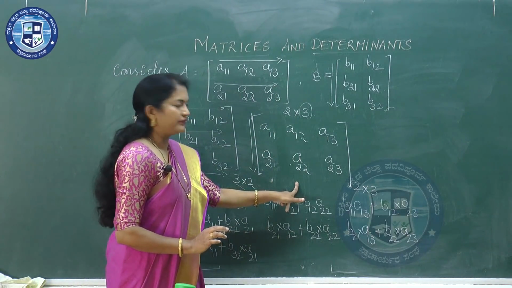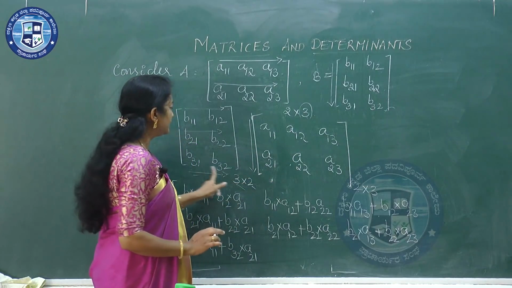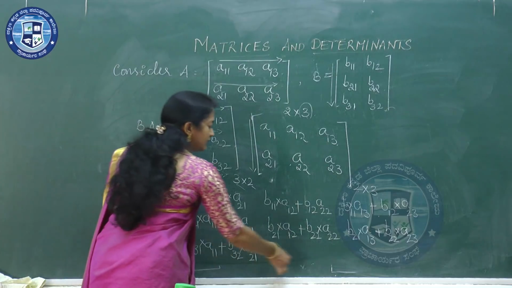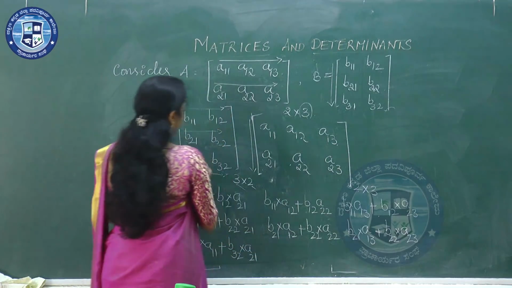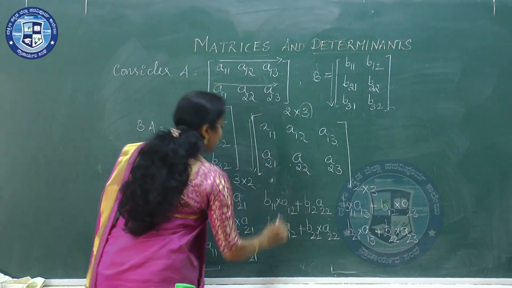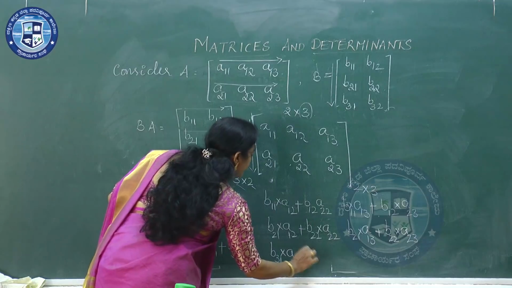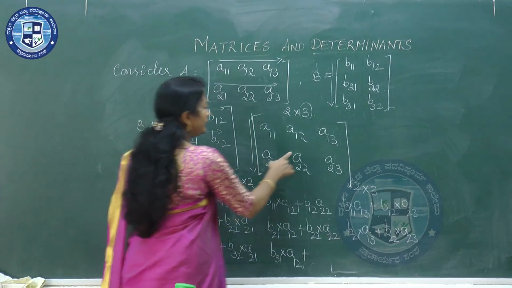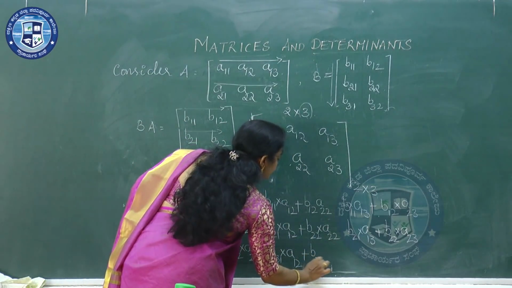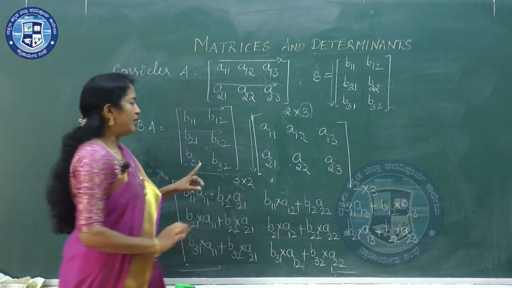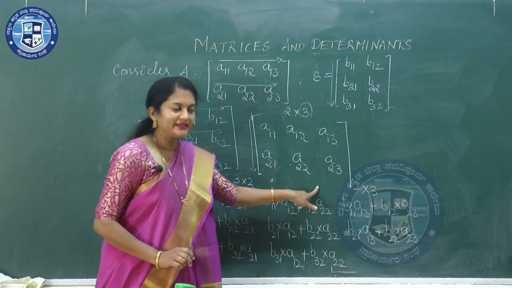Now second column. When you are doing the third row, second column multiplication, we will be getting the third row, second element. So B31 A12 plus B32 into A22. Now one more column is there, that is the third column.